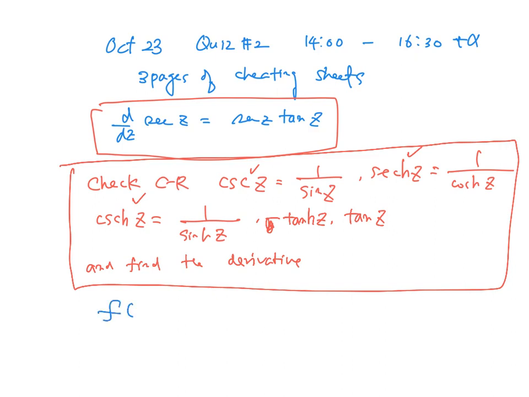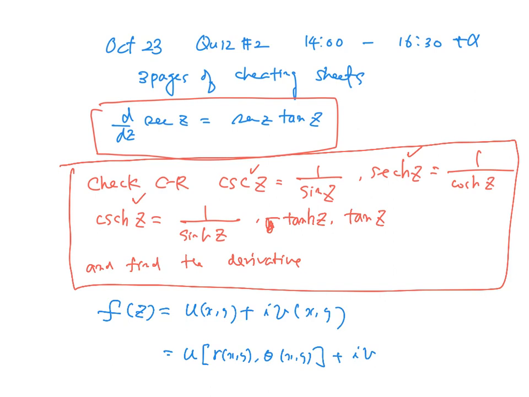Sometimes we have a composite function. So what is the CR form for the composite function?